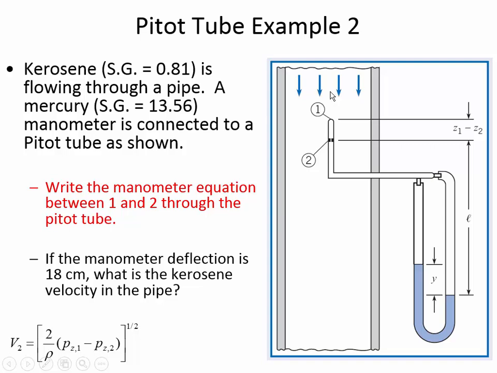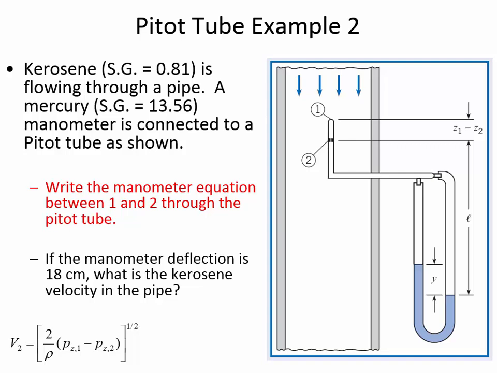Okay, so let's follow the pressure. Velocity is moving along, it reaches 1, and there's a stagnation. If we go down through this tube, this is where the stagnation tube is connected. There's more pressure at 1, and so it's pushing this liquid down. There's a deflection in the mercury because the extra pressure at 1 is pushing down on this side of the mercury.